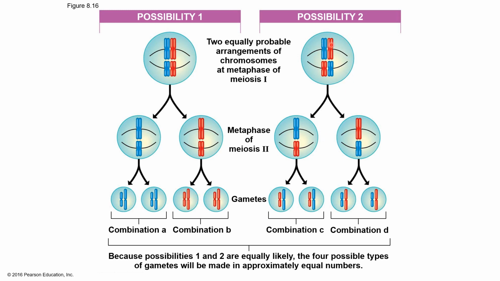But if they were a bit disorganized like so, after you go through the second meiotic division, notice how your gametes can actually have a bit of combination. And so you can definitely have different combinations of gametes if your chromosomes line up this way or if they line up that way. So that's what's known as independent assortment.